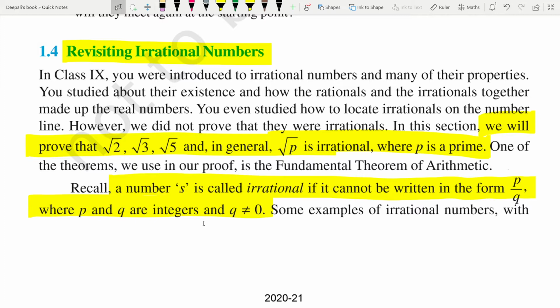So, a number s is called irrational if it cannot be written in the form p upon q, where p and q are integers and q is not equal to 0. Some examples of irrational numbers are root 2, root 3, root 5. In general, root p is irrational where p is a prime number.